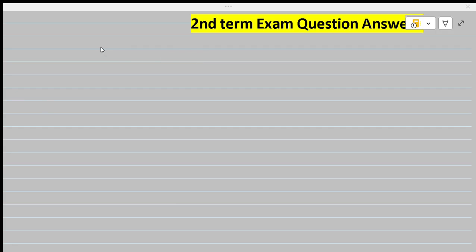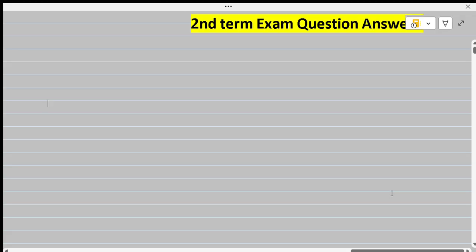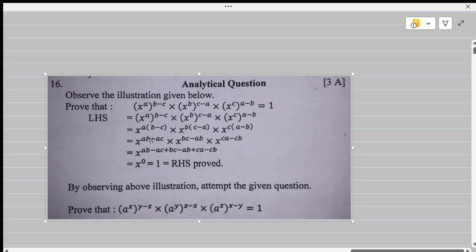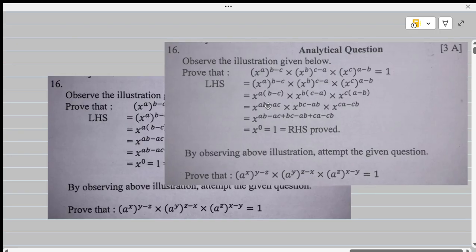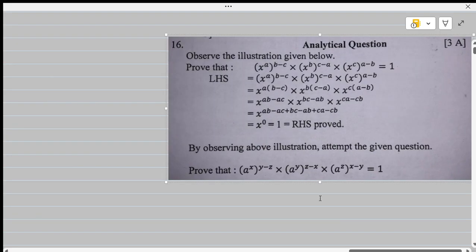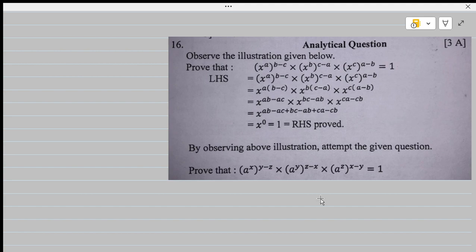Let's see. Here one question is already given with one illustration, and by observing that you have to do the answer of this one. Let's see first what is given here.